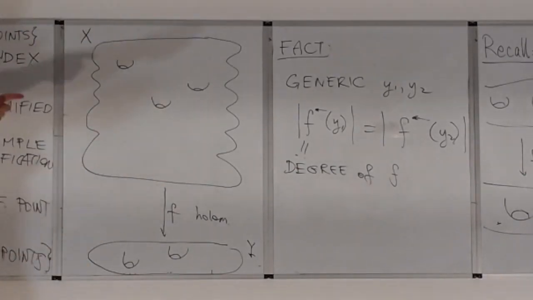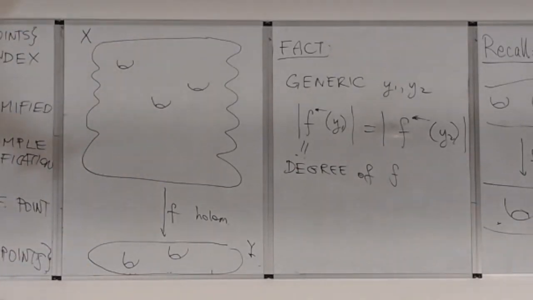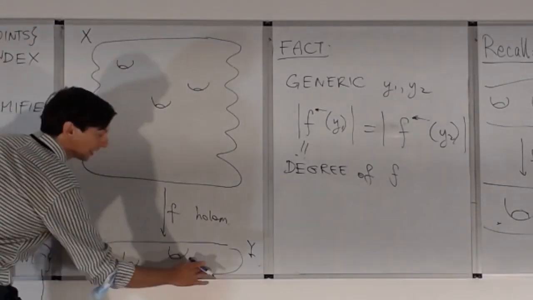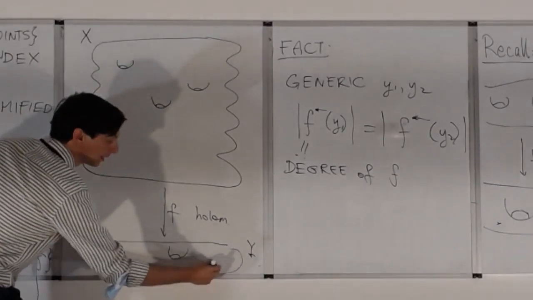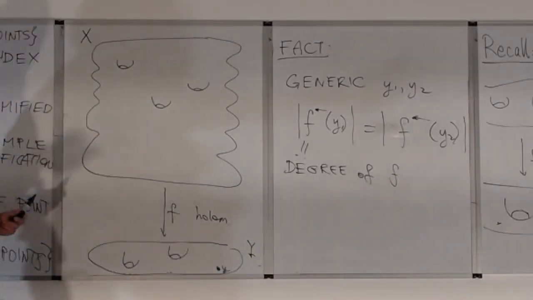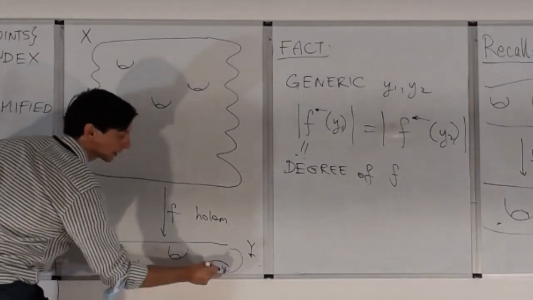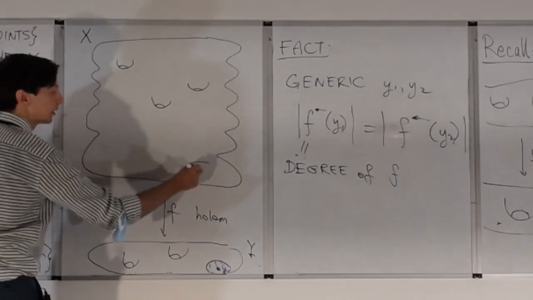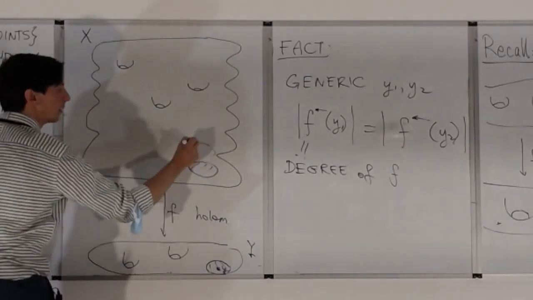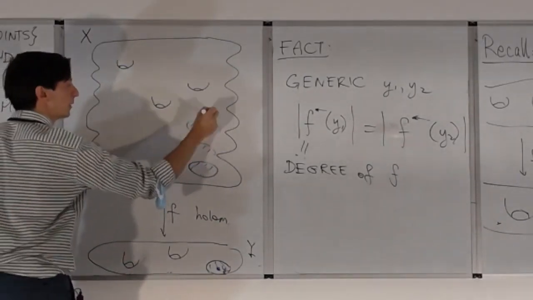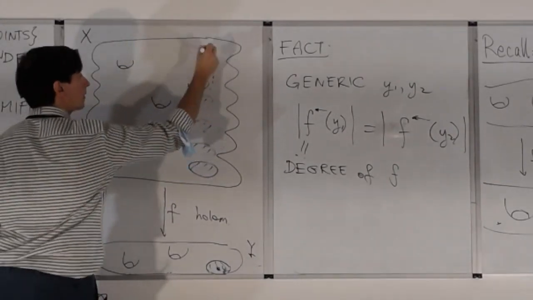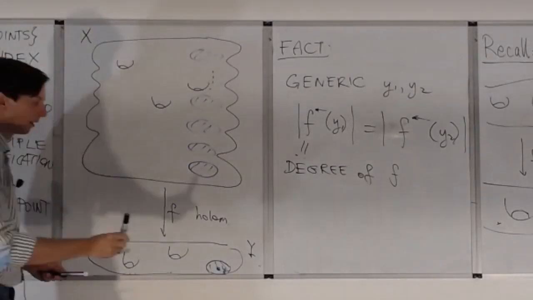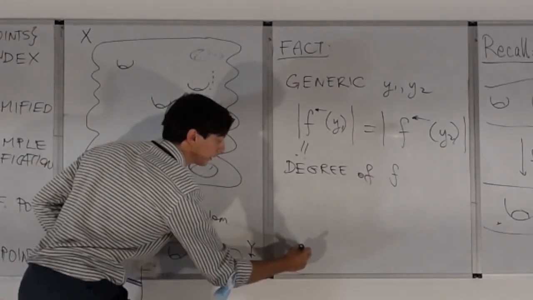If I take a generic point here that I call y, and look at a little disk around this point, when I lift it upstairs, I will find a certain number of disks. So this is what happens generically.